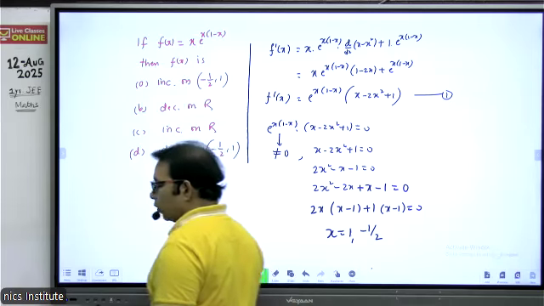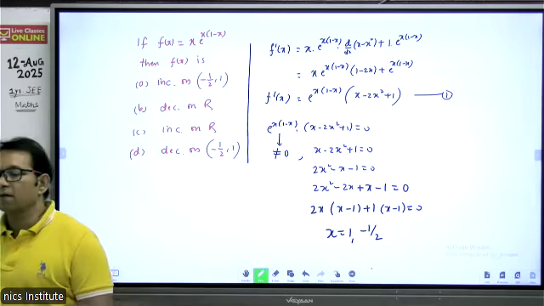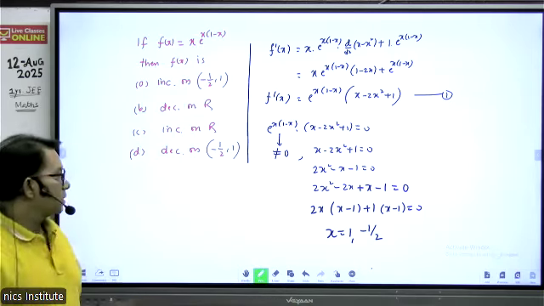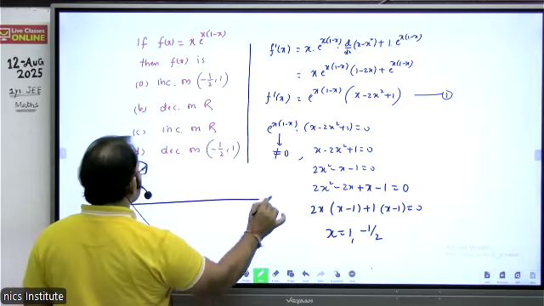There are two critical points, 1 and minus half. Form intervals.